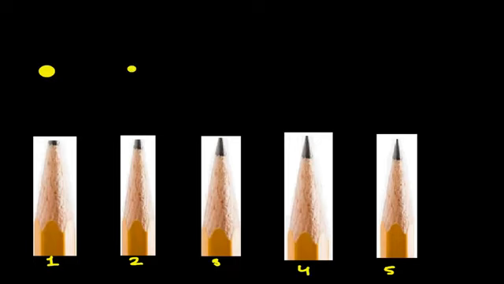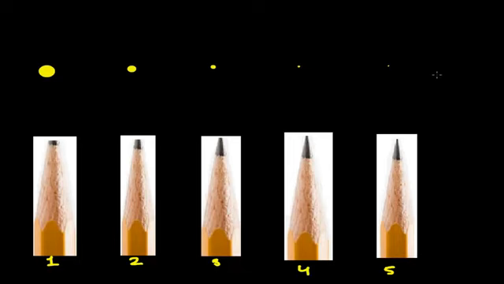Again I'm going to mark with the third pencil, and I think I'll get something like this. Now I'm going to mark a dot with the fourth pencil, and I'll get almost something like this. And now I'm going to mark a dot with the fifth pencil, and let me show you how I get something like this.